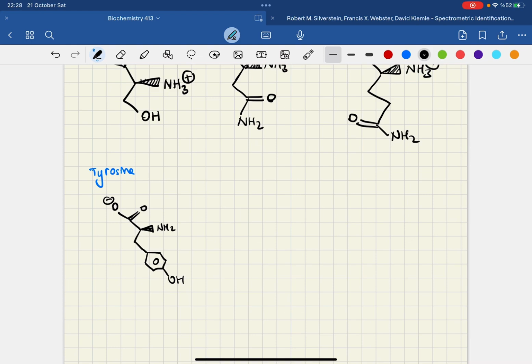So here we have the tyrosine. Tyrosine is polar. It has the OH group attached.